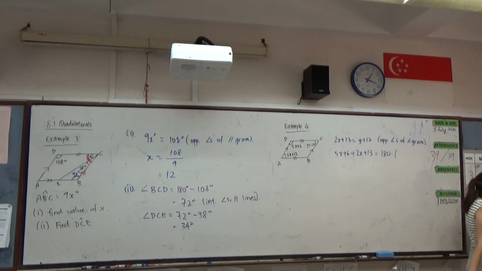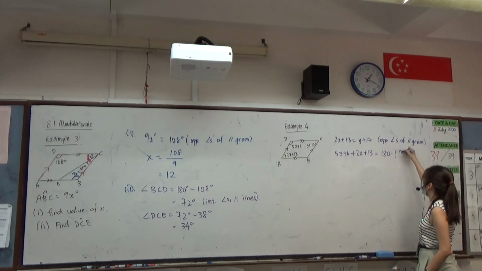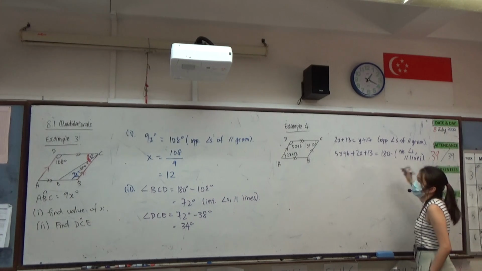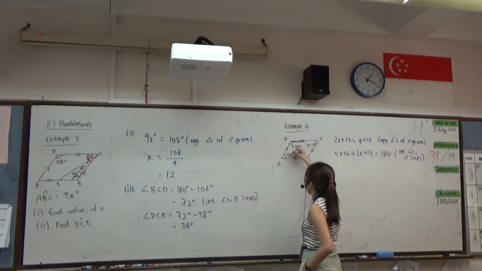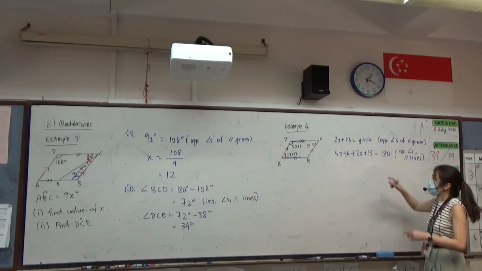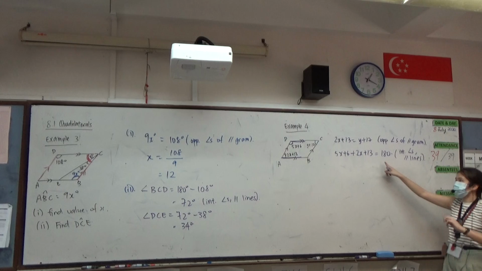Something else we learned is that one. We just used it only. Yes, very good. Interior angles, parallel lines. Because they are in between parallel lines, these two will add up to 180 degrees.